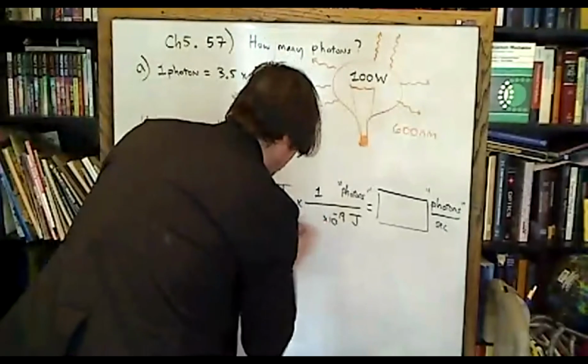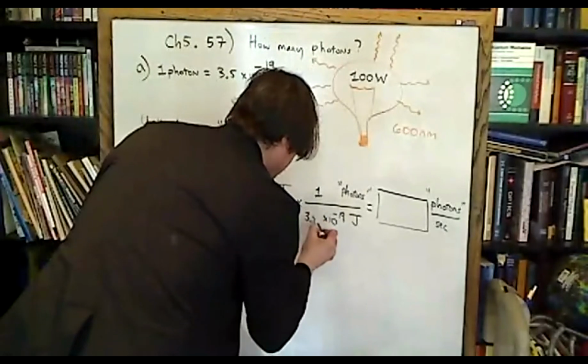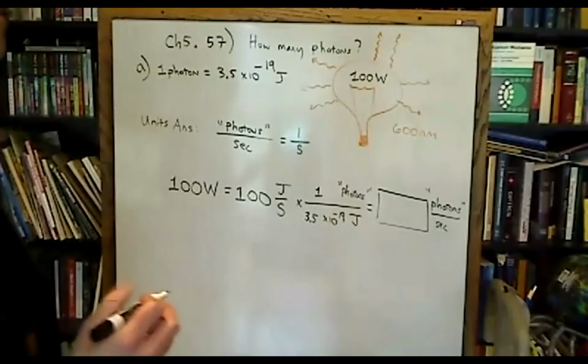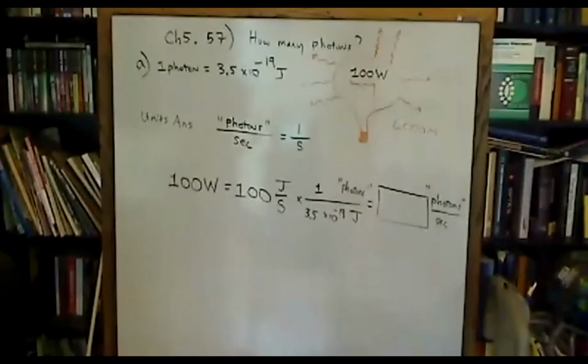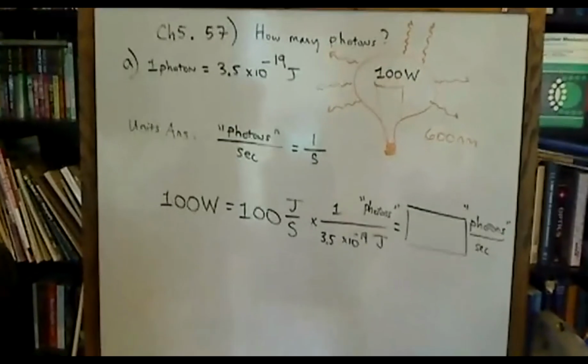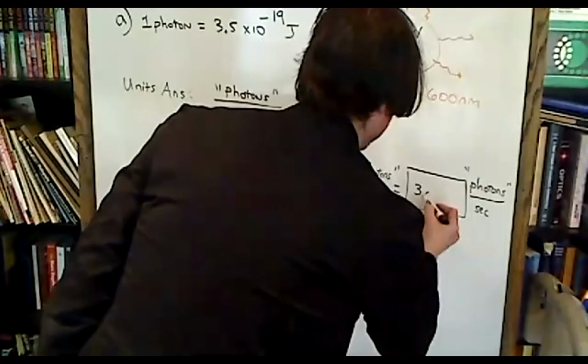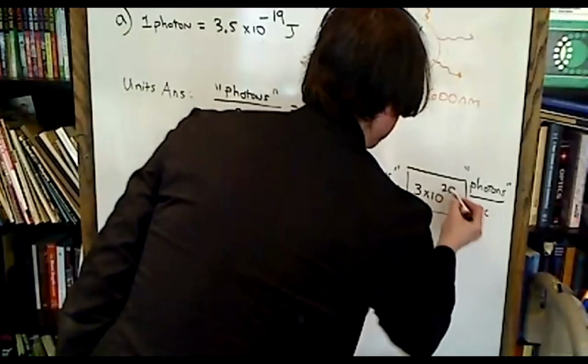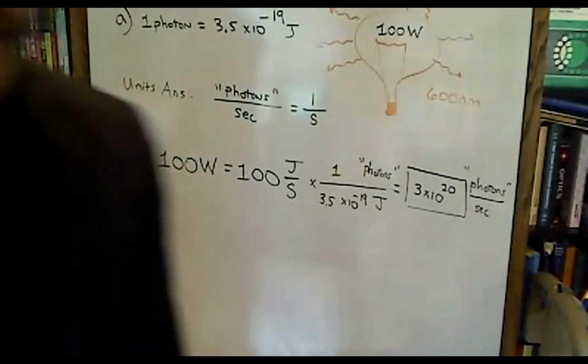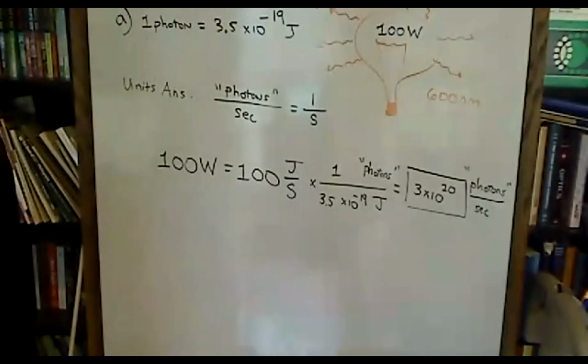What does that give us? I got 3 times 10 to the 20. That sounds good to me. Which is a hell of a lot of photons per second flying out of a standard 100-watt light bulb.